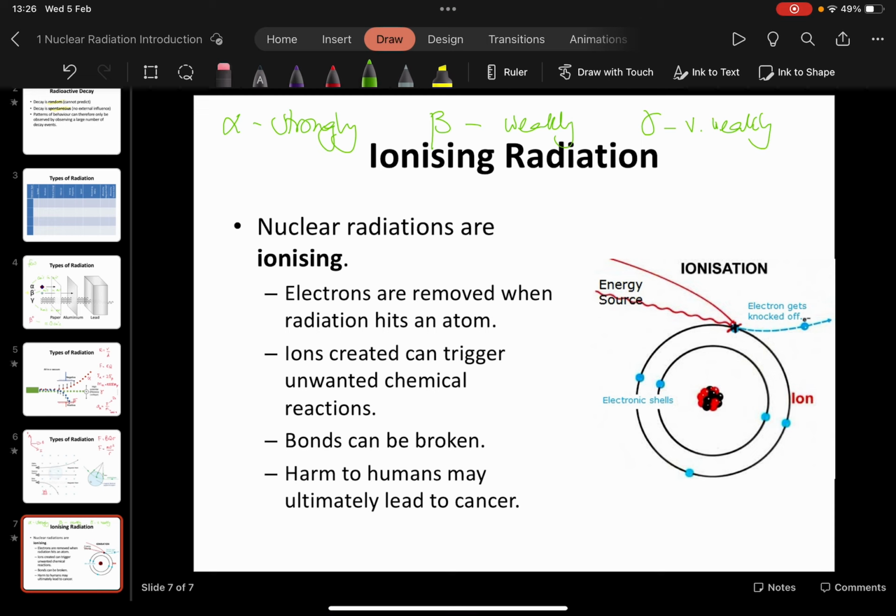The issue there is that you then generate quite a reactive atom. An atom which has lost an electron has become more reactive, and that can trigger other reactions. If we're talking about this in the context of the human body, some of those other chemical reactions can be quite unhelpful and unwanted.